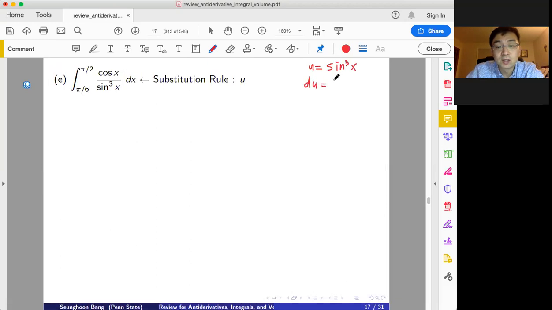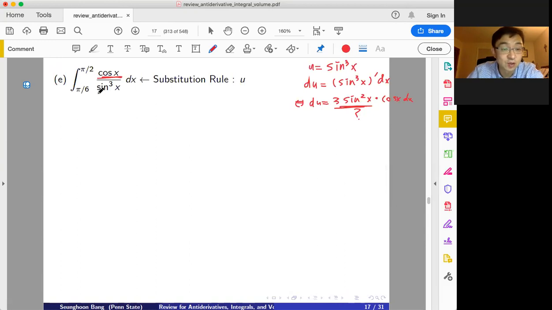Du equals the derivative of sine cubed x dx. Using the chain rule, du equals 3 times sine squared of x times sine prime, which is cosine x dx. Here we have only cosine x, we don't have 3 sine squared of x.